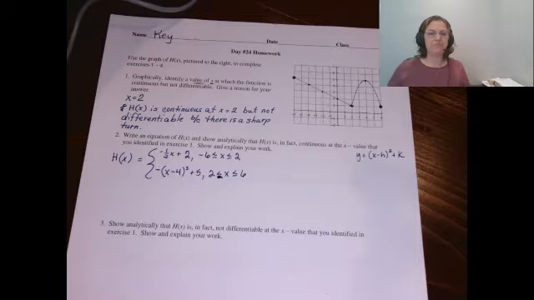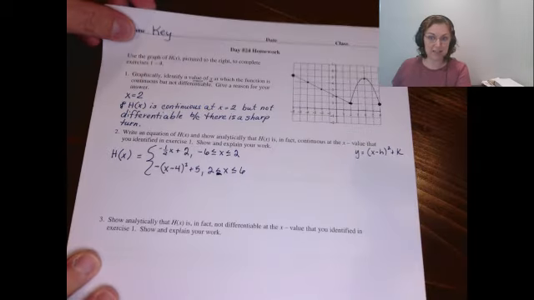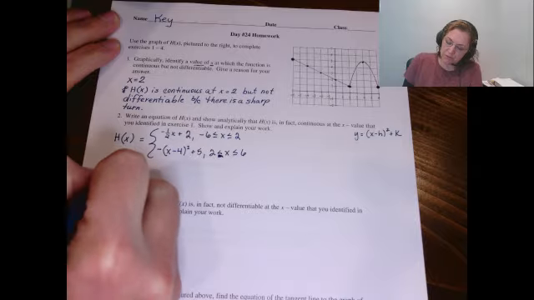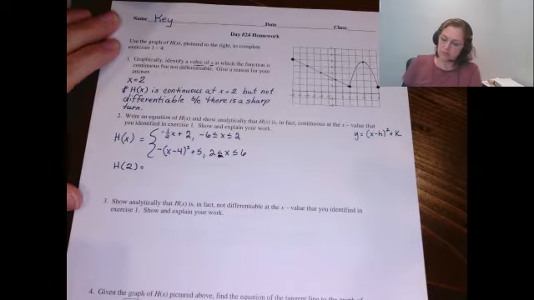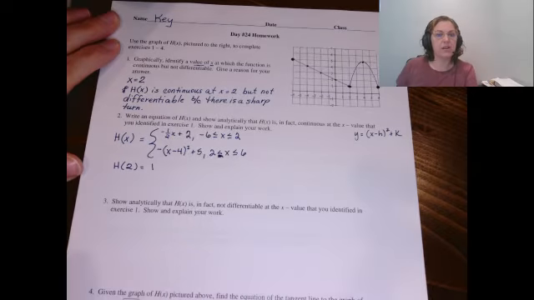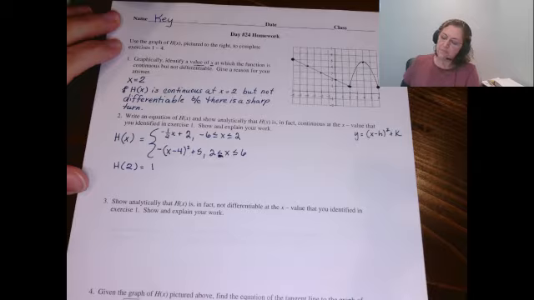Now, in order to show that it is continuous, we have to show that the function exists. So we see that at h of 2, we do get a y value of 1. And then we have to show that the limits from both sides are equal.